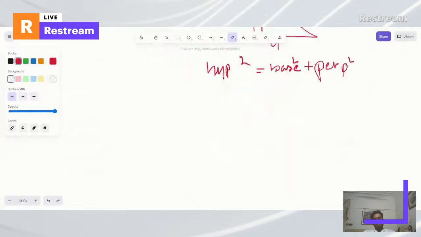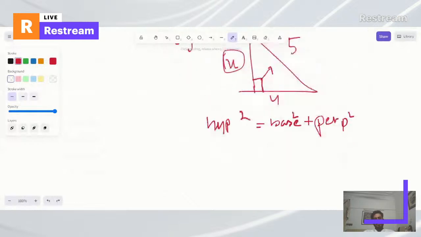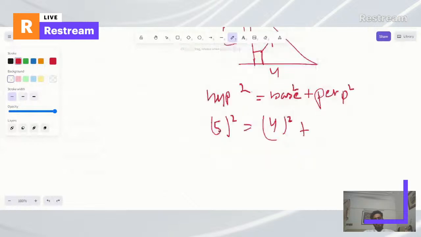Which values are known to us? The hypotenuse is 5, so 5 square equals the base, which is 4, so 4 square, plus the perpendicular, which is x, so x square.